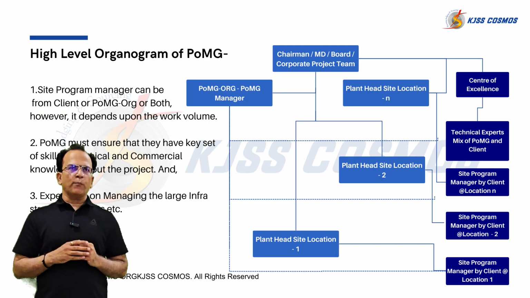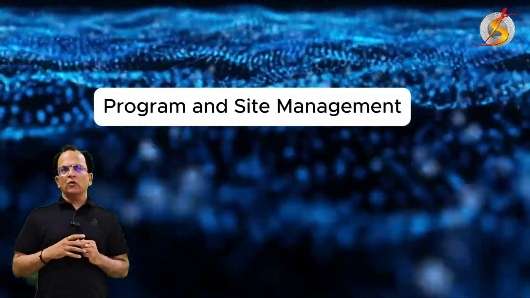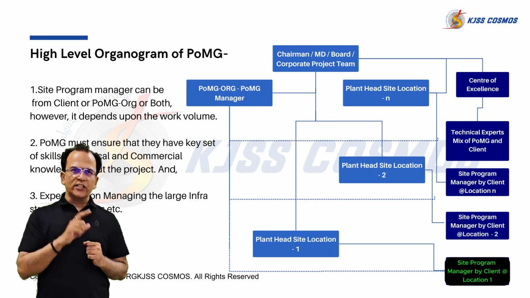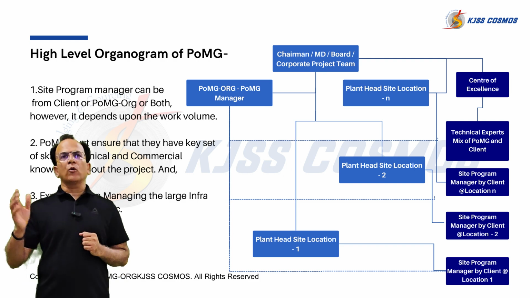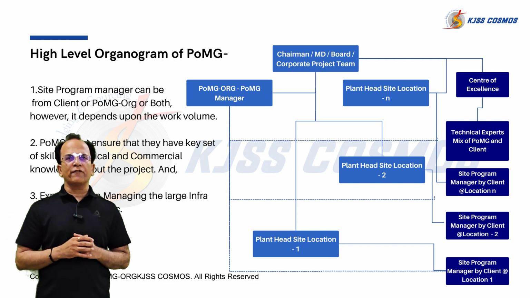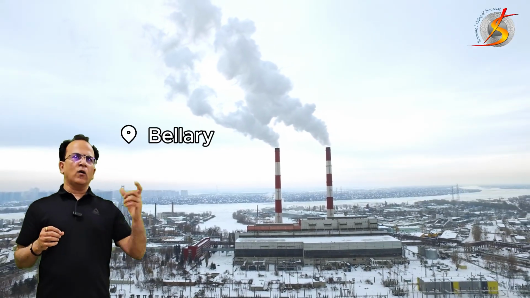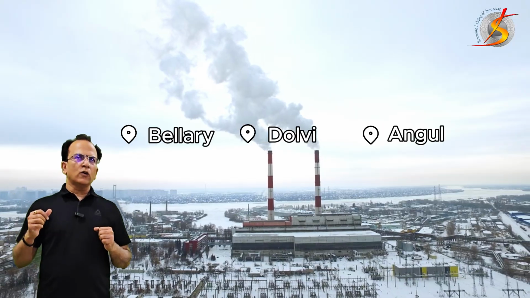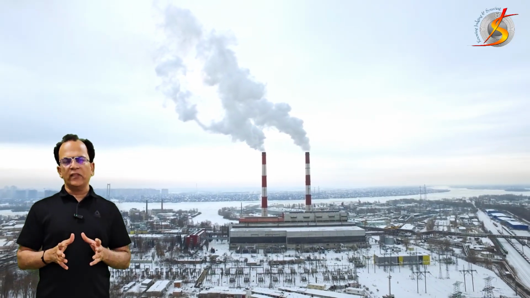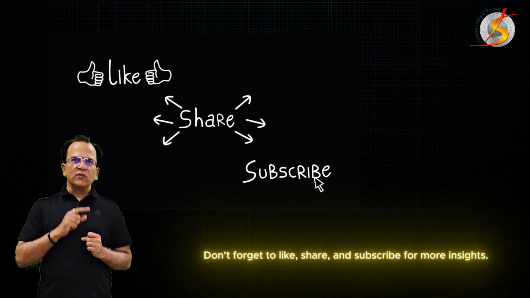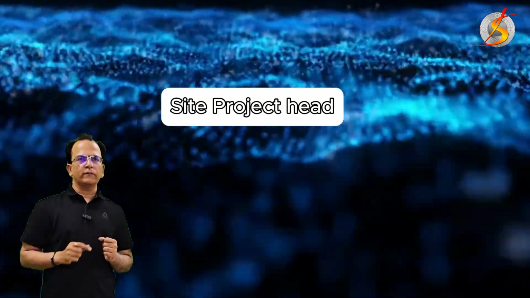So let's come to the program and site management. The site program manager, by the client or by the PoMG organization, will be working at different locations. Let's take an example of JSW. JSW has steel plants at multiple locations. So if the plant is at Ballari or Dolvi or Angul, all these locations will have their separate program manager, and this program manager will be reporting to the portfolio manager as well as to the site project head.